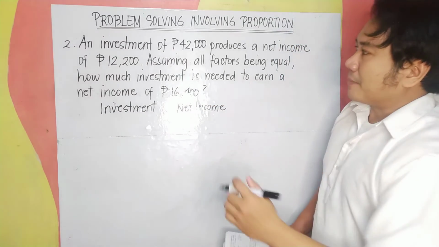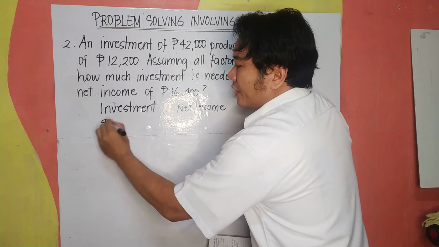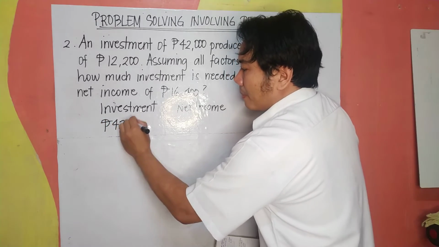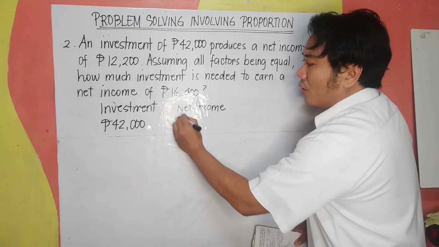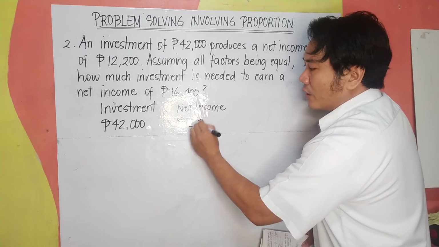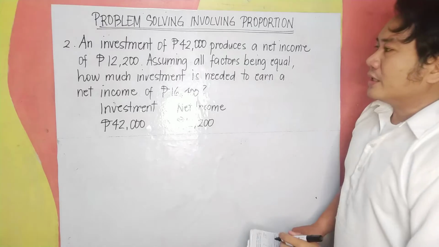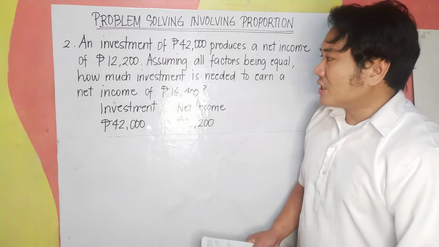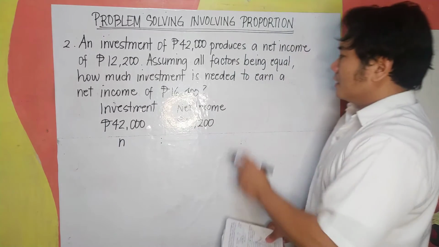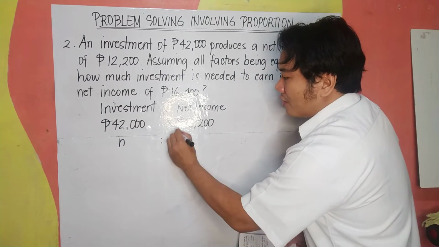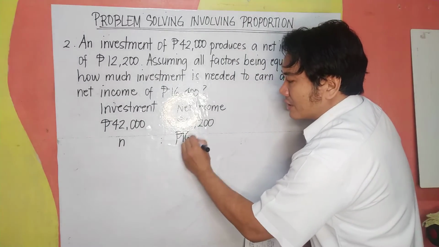Okay. Kapag nag-invest daw ng 42,000, it will produce a net income of 12,200. Now, the question is, how much investment is needed to earn a net income of 16,400?